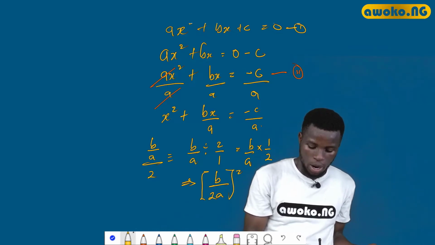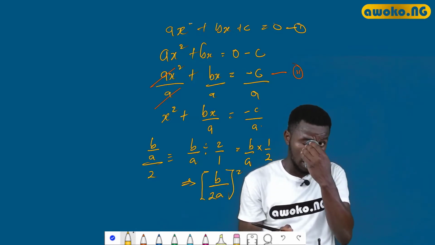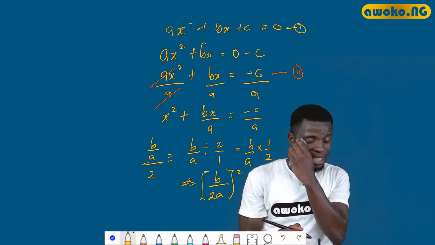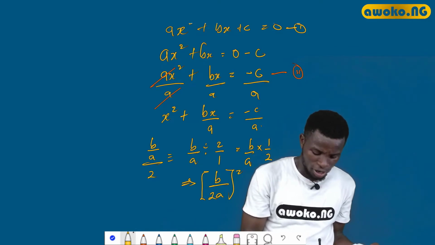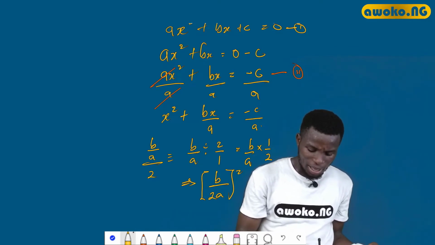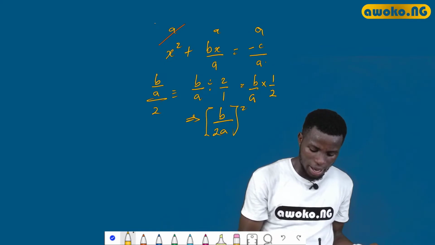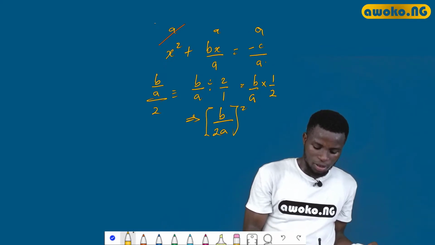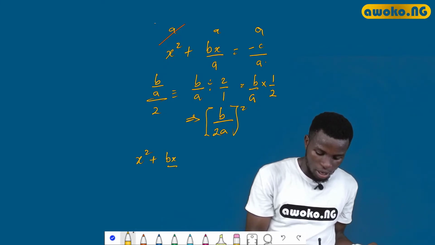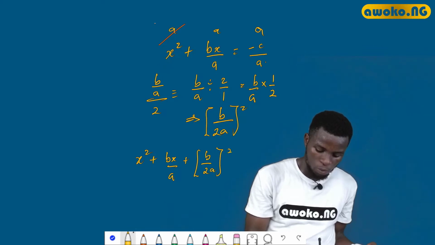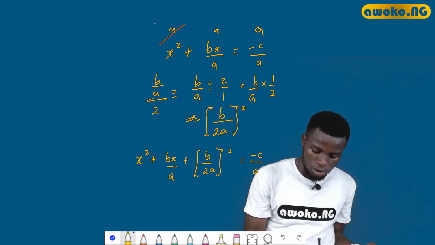I said you are going to square it and add it to both sides because we are trying to complete the square of the initial equation that we have. Very simple, it is as simple as A, B, C. So we have x squared plus bx over a plus b over 2a all squared equals minus c over a plus b over 2a all squared.